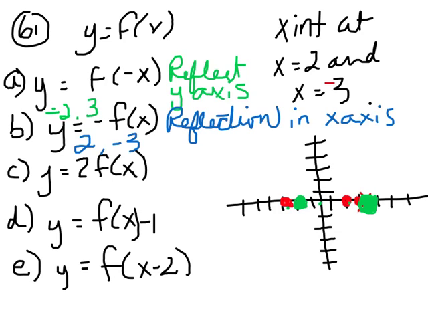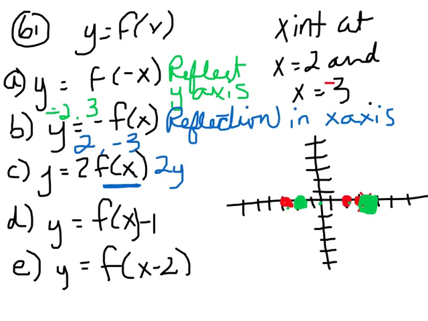Now 2 times f of x, if you think of f of x as being your y value, all you're doing is doubling your y value. Well, my y value was 0, remember the original was 2 and negative 3. Let's look at x equal 2. My y is 0. So if I double 0, I still get 0.